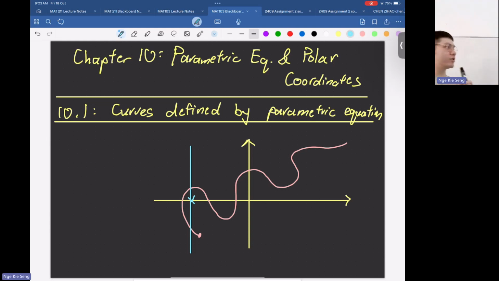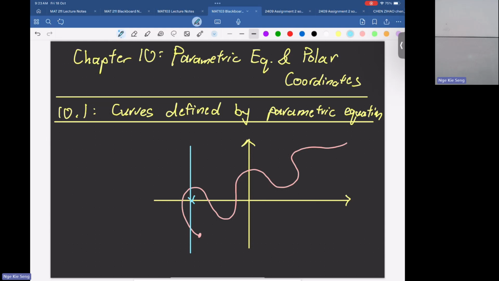But we have a remedy for this problem. We introduce a new variable t, which is the time. We want to introduce a variable such that for these two points, they have different inputs, which is time. Maybe you walk here at 1 second, the other one at 2 seconds.